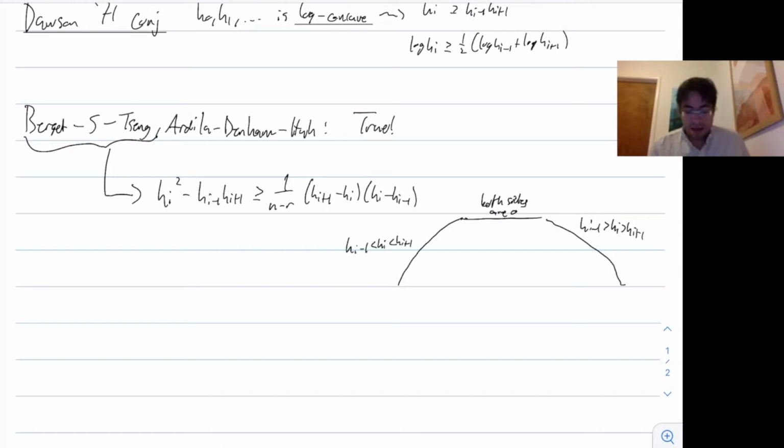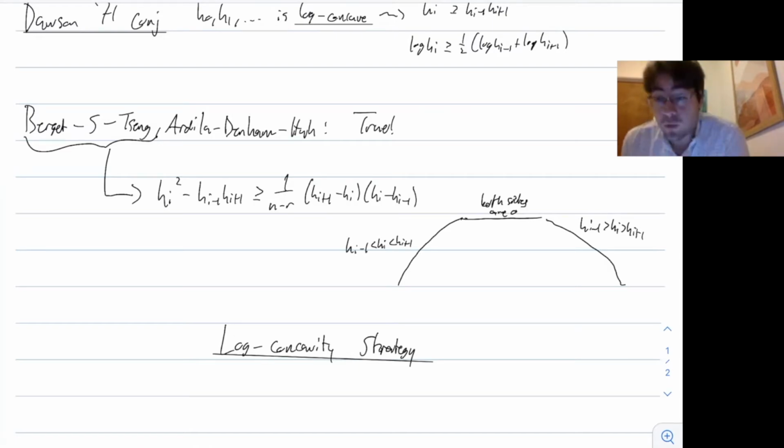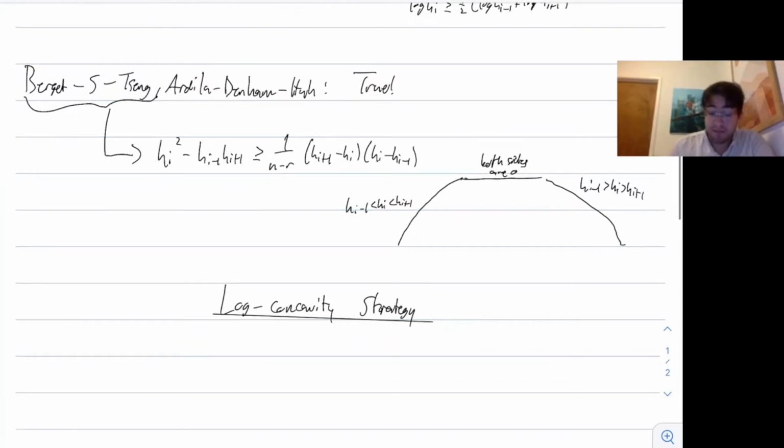Well, the log concavity strategy goes through an important tool in convex geometry called mixed volumes, and a very famous inequality relating to mixed volumes.